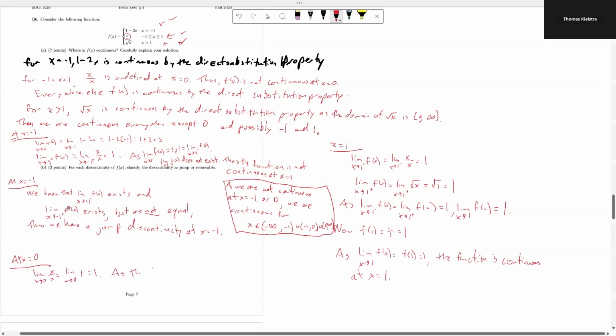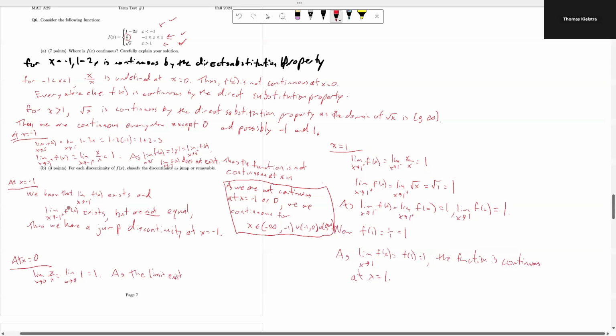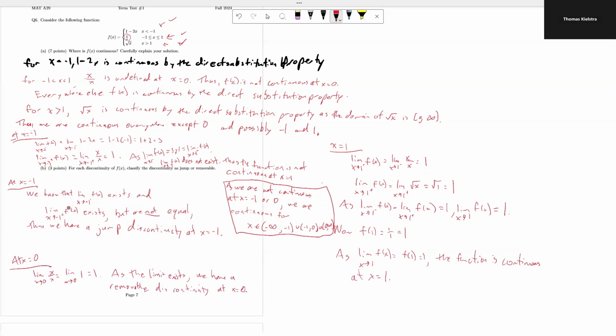As the limit exists, we have a removable discontinuity at x equals 0. So we have a removable discontinuity at x equals 0, and a jump discontinuity at x equals minus 1.